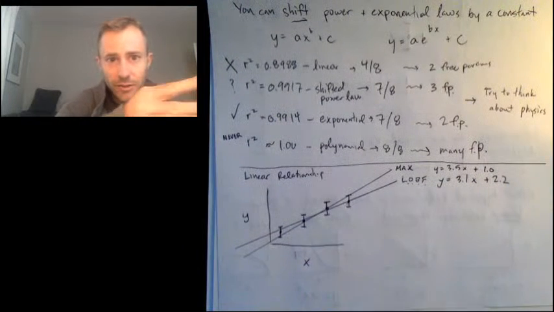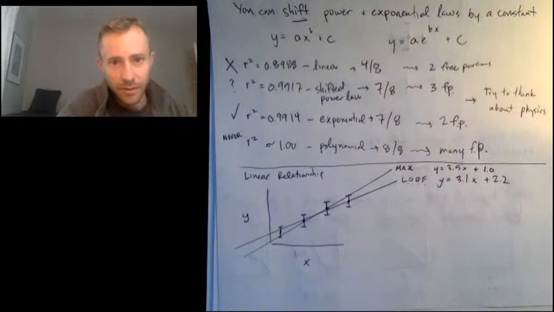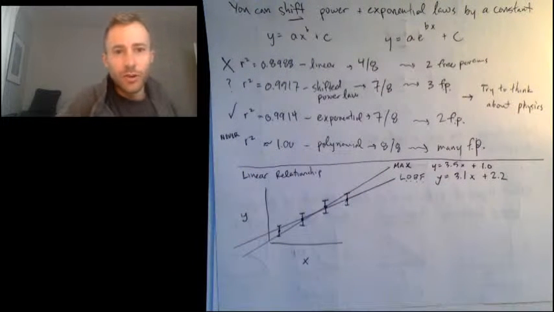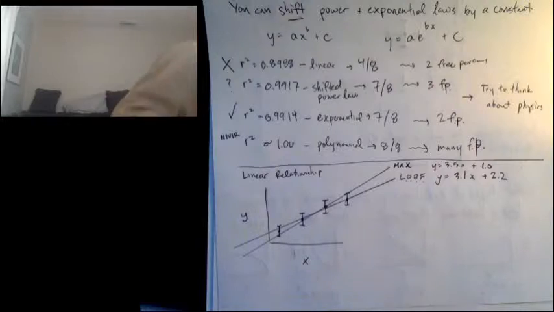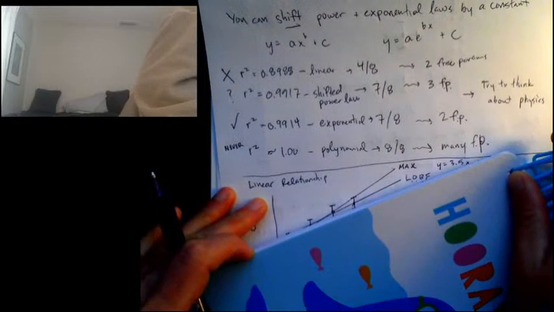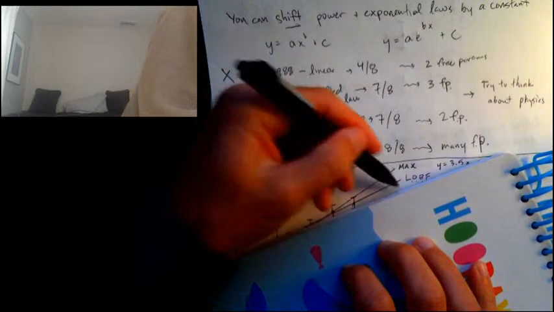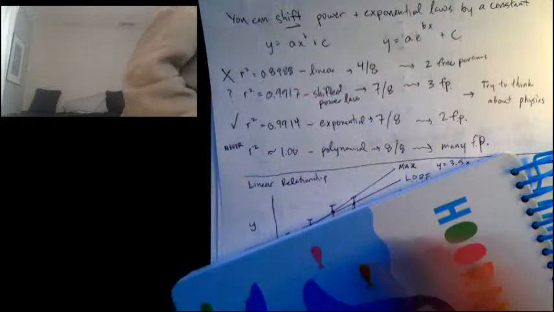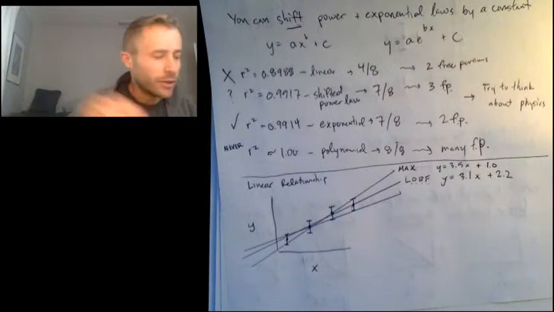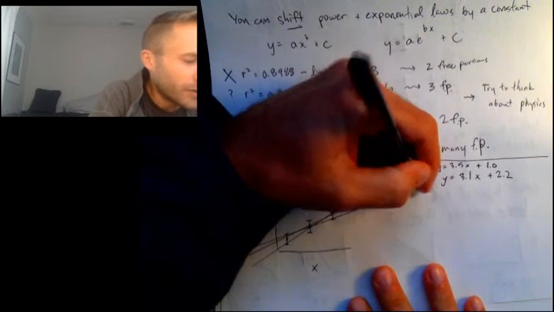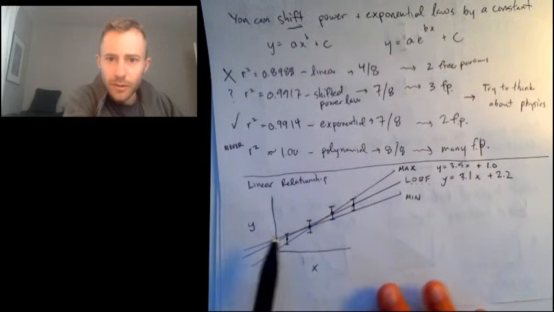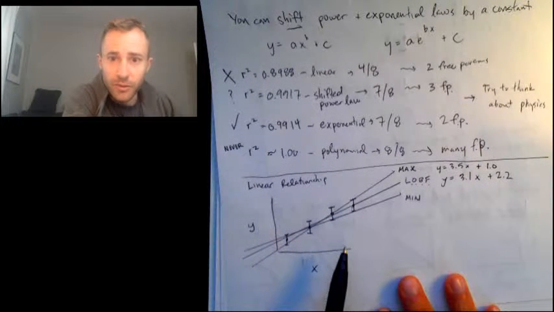So if you were actually doing this calculation, you would find the equation of the line. There's what's called a min line. So here's the min line. It's the minimum possible, smallest possible slope that's consistent with your data.